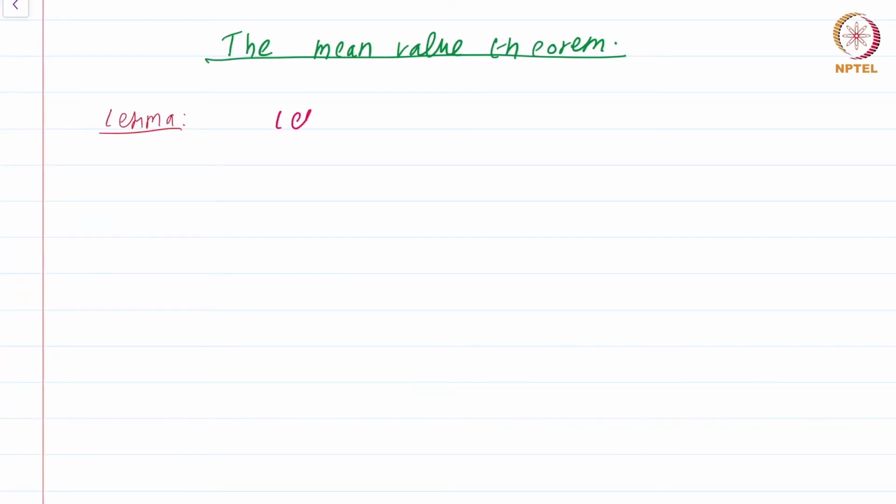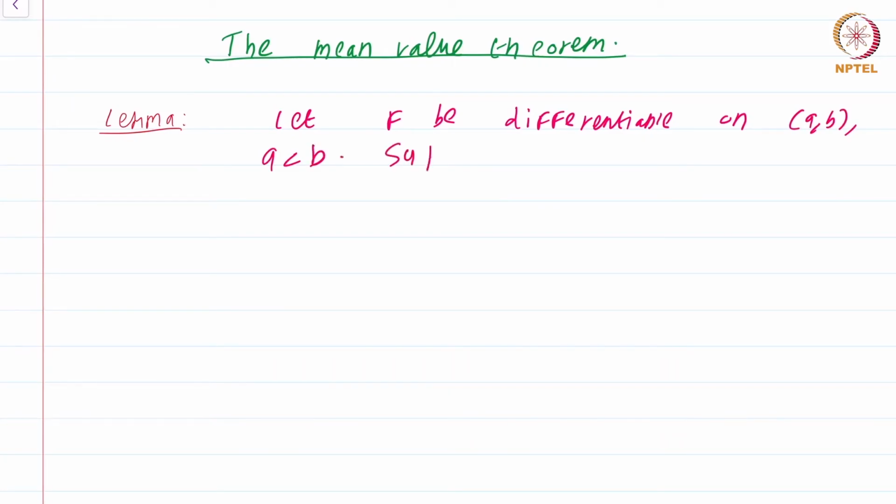Let f be differentiable on the open interval (a, b), a less than b, just to ensure that it's not the empty set. Suppose for some c in (a, b), f attains its maximum at c.